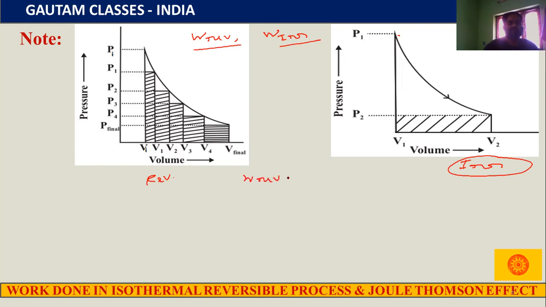Reversible work done is always greater than the irreversible work done. Why is this happening? Because the reversible process completes through an infinite number of sub-steps, but the irreversible process completes through a finite number of steps.